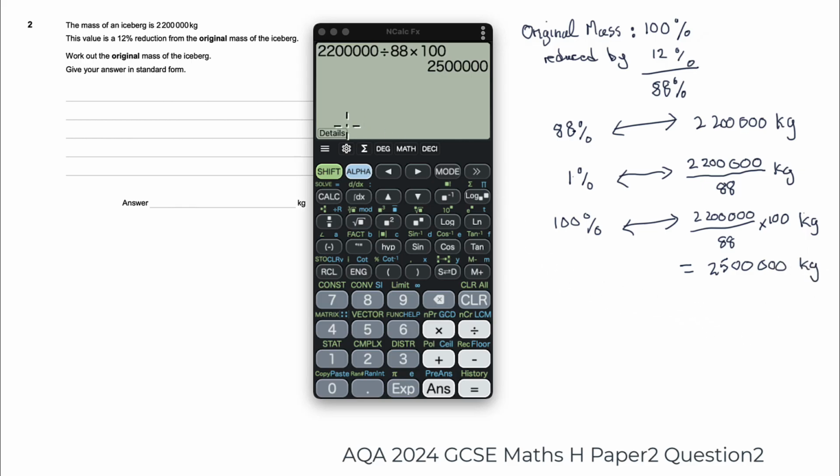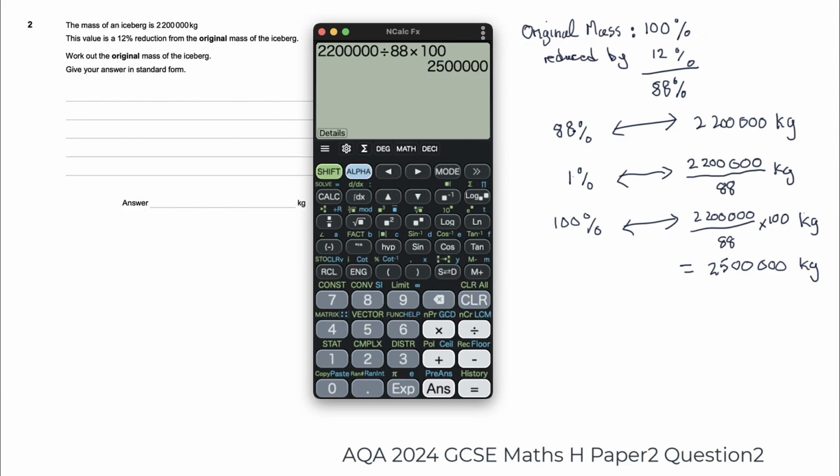However, the question says give your answer in standard form. So on my calculator I have a button ENG, and if I press that, my calculator now goes into a different mode where it can take this number.